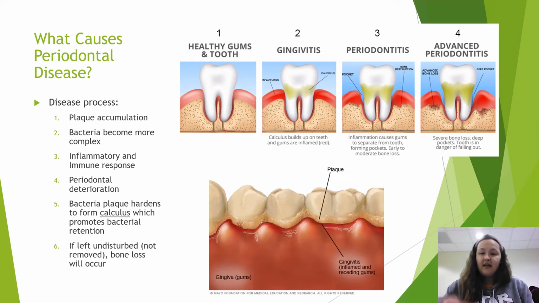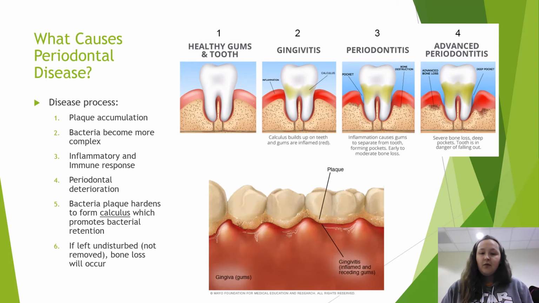As that bacteria stays in your mouth, more of that bad bacteria that's not already in your mouth starts to grow. This bad bacteria causes your body to promote an immune response. So basically it says there's a foreign body in here, we don't want it here, so we're going to attack it head on. Unfortunately, your body sends mediators to come and kill this bacteria, and they release toxins that hurt not only the bacteria but the rest of your body.